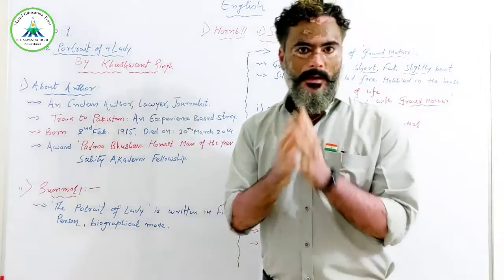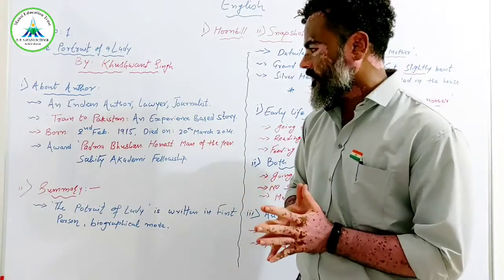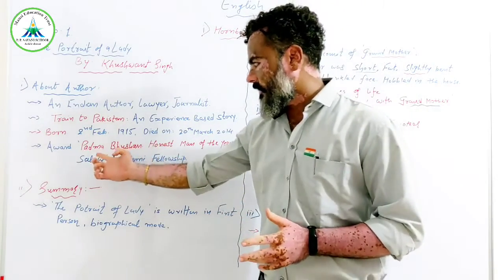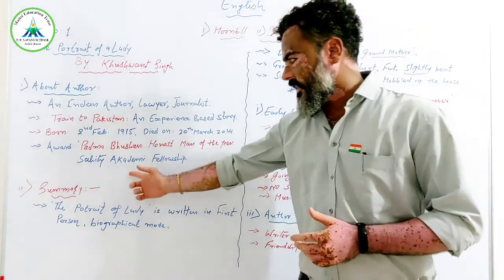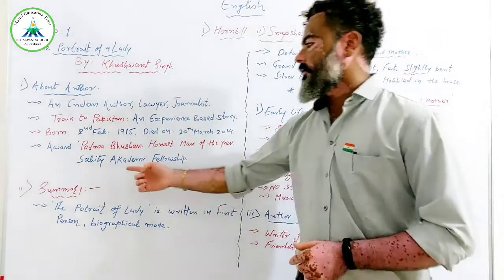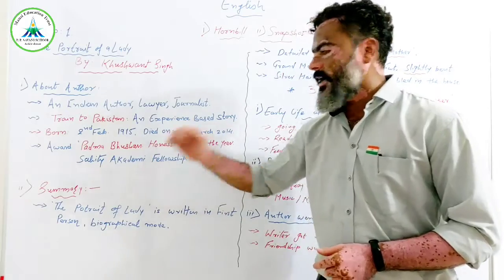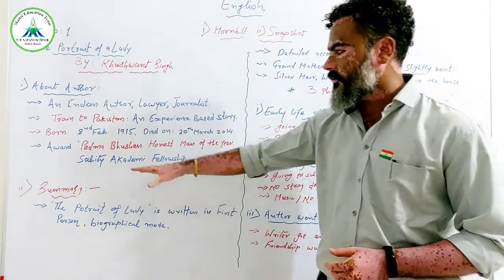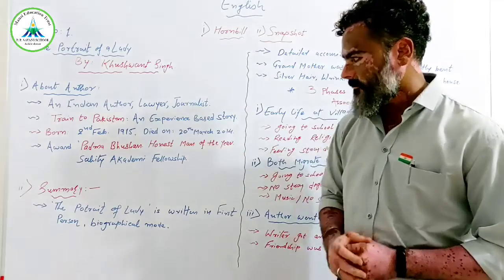Awards. He has a vast collection of awards, but I have striked out a few: Padma Bhushan, Honest Man of the Year and Sahitya Akademi Award. The spelling of Akademi is AKADEMI. The Sahitya Akademi works for English literature in India.